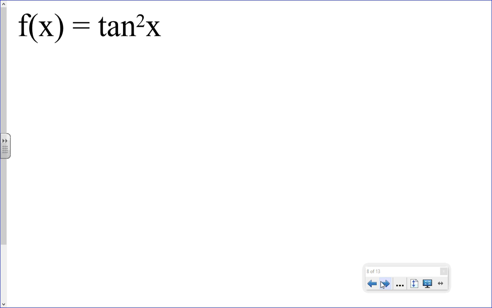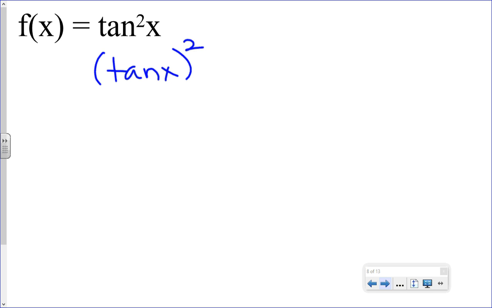You don't know? Okay. So it actually is tangent inside of squared. Now, it looks kind of funny because of where the square is, but you can imagine it like that if it helps.